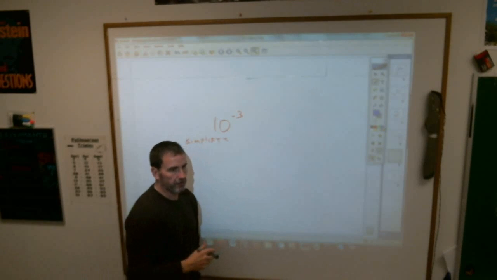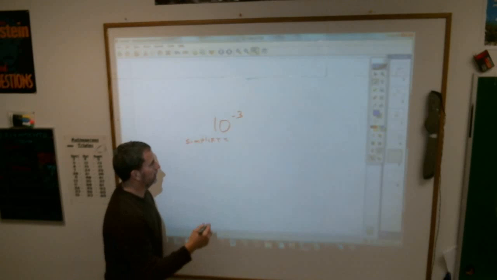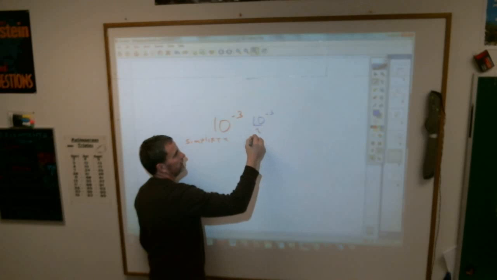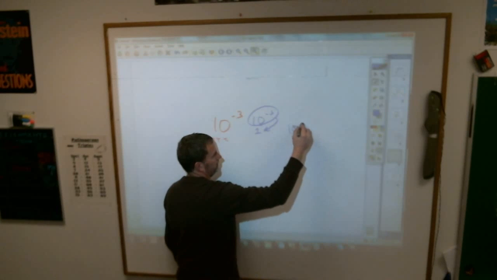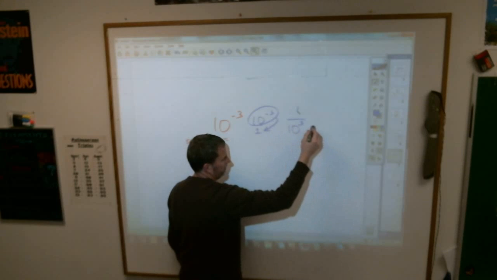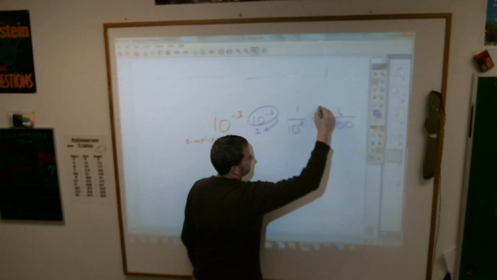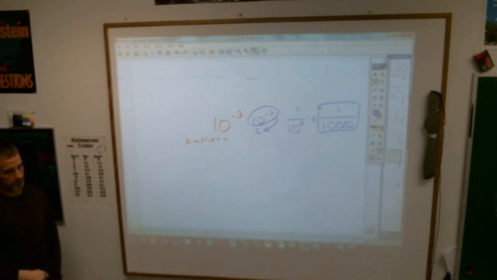Okay, negative exponents aren't your friends. Kate says 1/1000. All right, so you think about this in fraction form. I think you're right. You move the 10 to the negative 3 to the bottom of the fraction, it becomes 10 to the 3rd power, with a 1 on top. 10 to the 3rd power is 1,000. And it still has to keep the 1 on top, so it's 1 over 1,000.